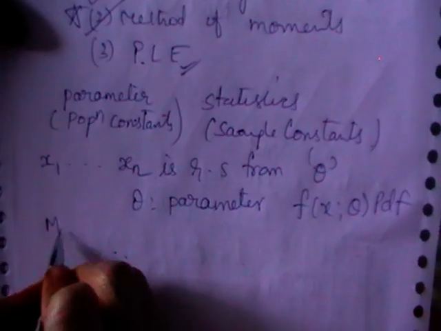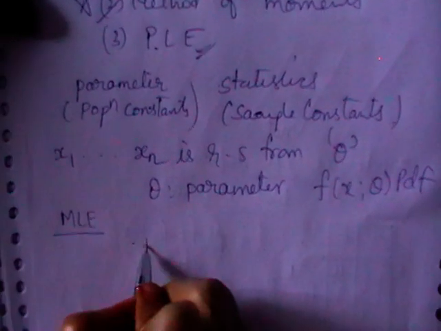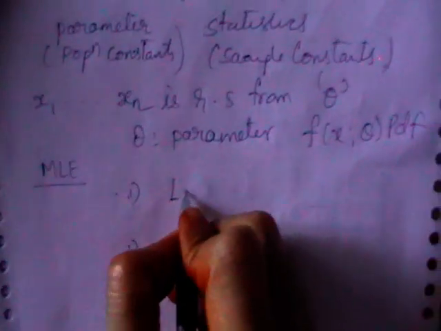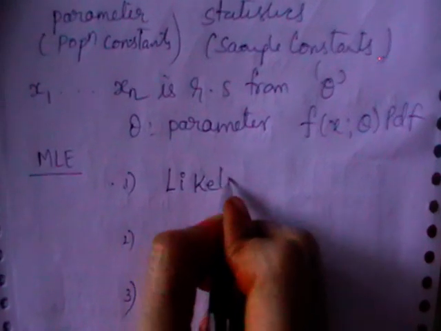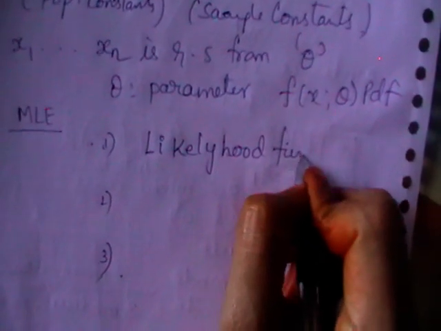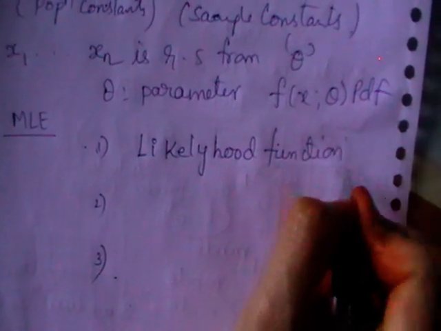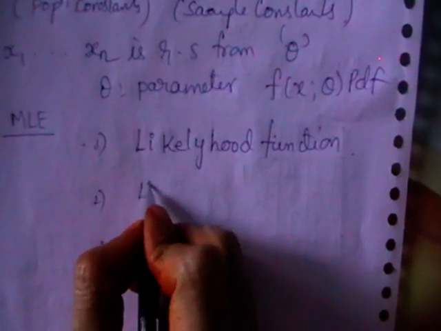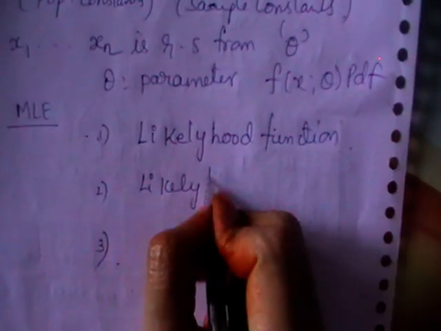What does MLE majorly consist of? It involves three steps. First, you need to write the likelihood function, which is a new term for you. After writing the likelihood function, you should find the likelihood equation.